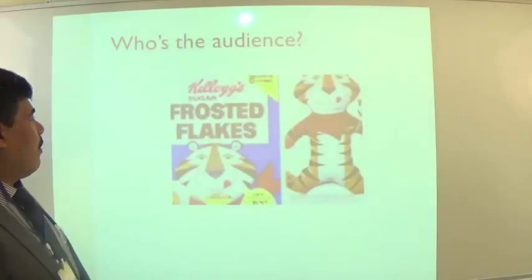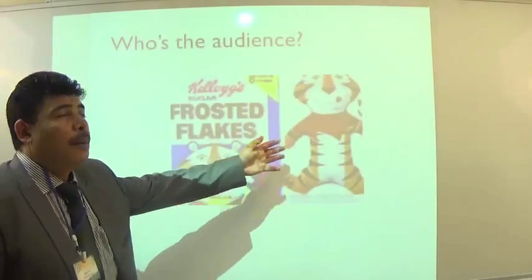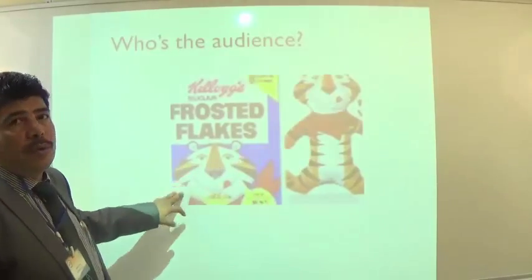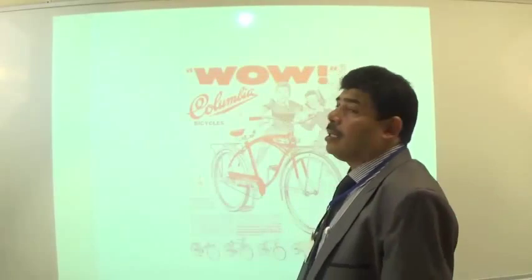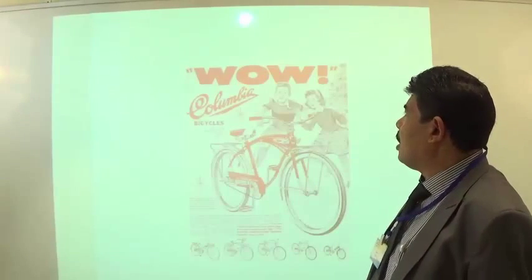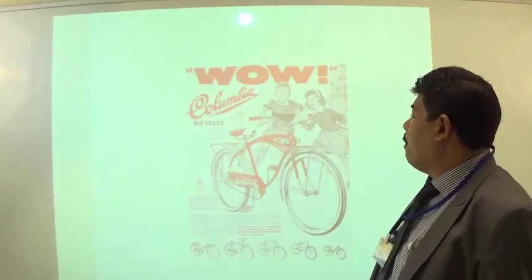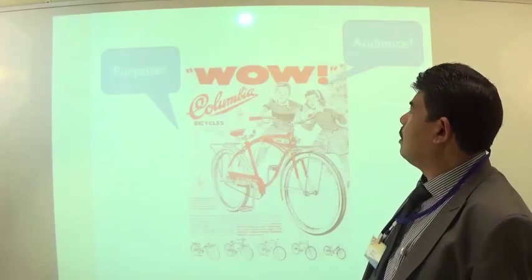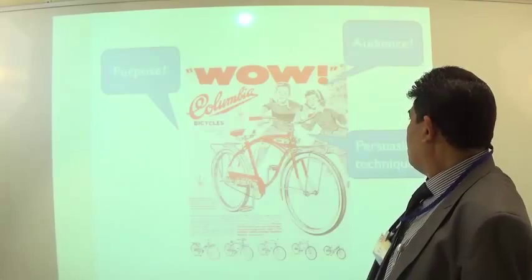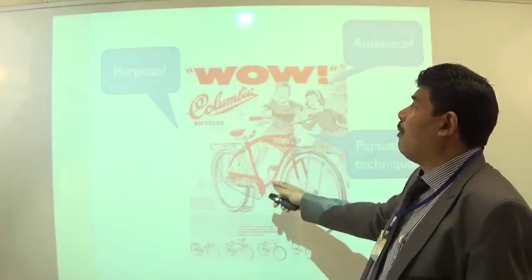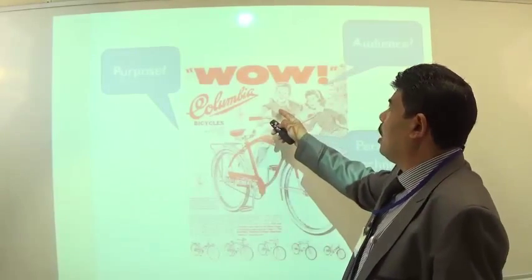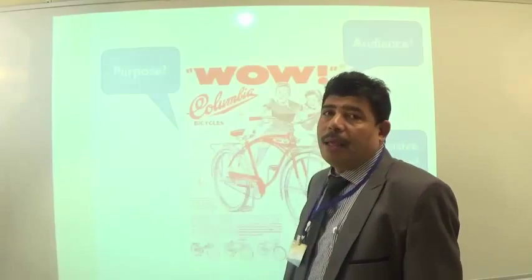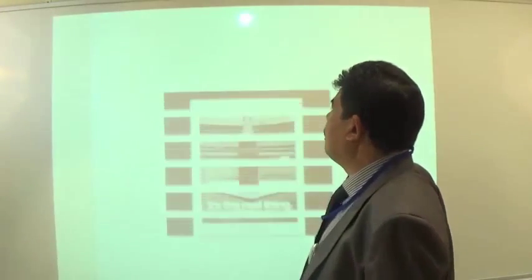So it's like cornflakes. So they are using pictures or photos that are related to children. Okay? And this is for older children, not young, and they are using bikes. So he used the persuasive techniques, the photos. This is the audience, the older children, and the purpose is to sell these bikes.